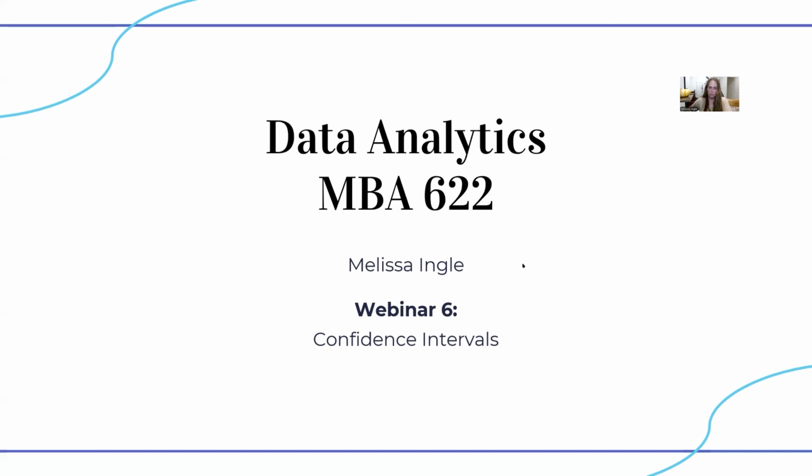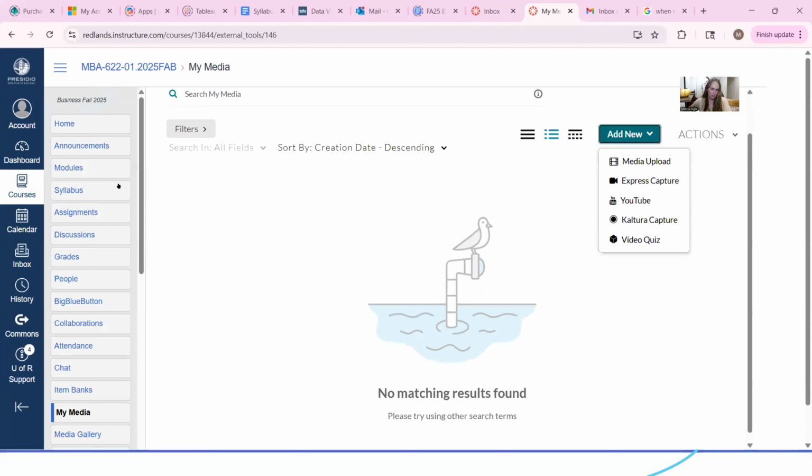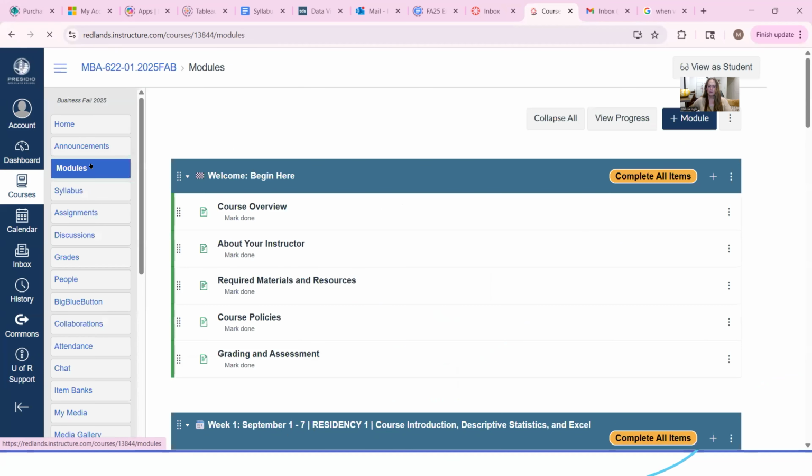So let me go ahead and share my screen so you can see what I'm talking about. I'm sharing screen one. Great. To show you, I'm going to go to modules, and if you go to assignments right here, so you've got home, announcements, you go to assignments.